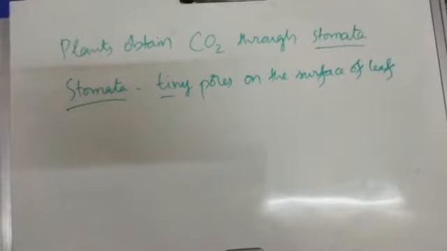In dicot plants, they are present only on the bottom surface of the leaf. In monocot plants, they are present on both surfaces of the leaf. Right. So gas exchange takes place through the stomata. Means CO2 enters the plant cells through the stomata and O2 leaves the plant cells through the stomata.